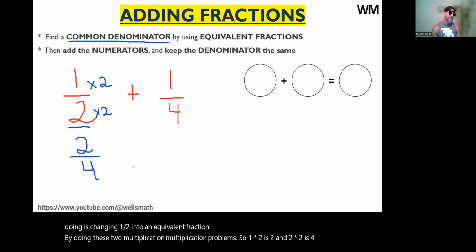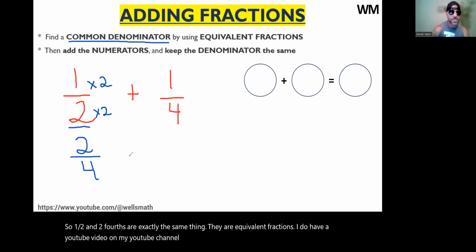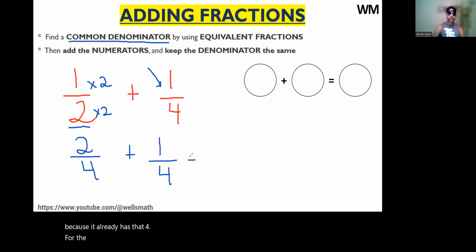So 1/2 and 2/4 are exactly the same thing. They are equivalent fractions. I do have a YouTube video on my YouTube channel titled Equivalent Fractions if you want to see a little bit more about that. Now we will just keep our 1/4 the same. We're not going to change it at all because it already has that 4 for the denominator.